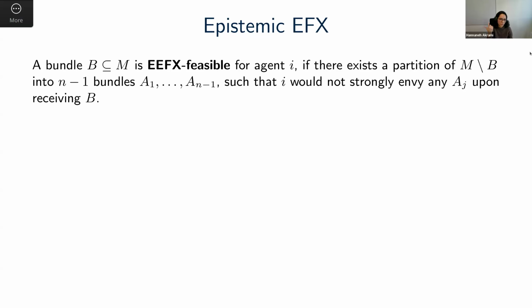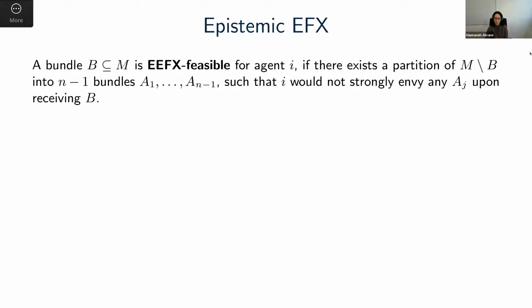But I would call my bundle epistemic EFX feasible if hypothetically I can reshuffle the remaining items among the remaining agents such that in the resulting allocation, I am not strongly envying anyone. In that case, if such a scenario exists, I'm happy with my bundle.